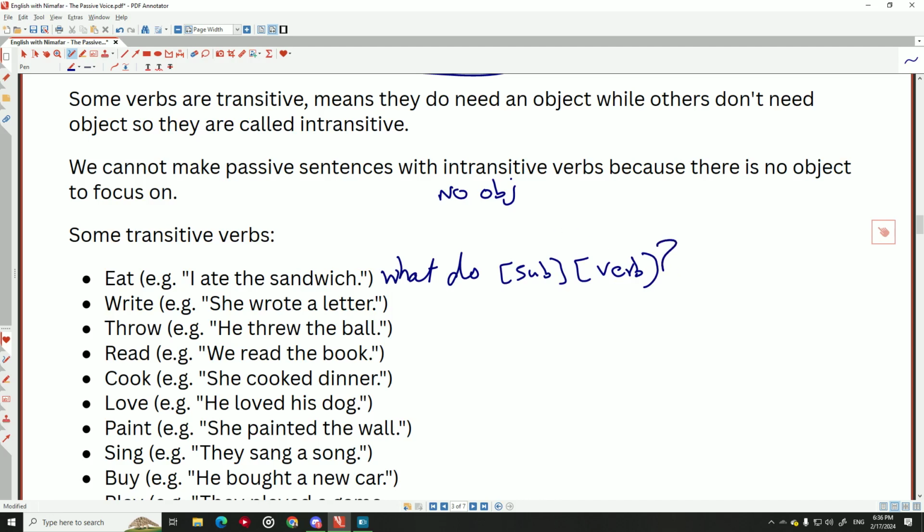If you have an answer, it's transitive. If you don't have an answer, it's intransitive. I ate the sandwich. What did you eat? A sandwich. She wrote a letter. What did she write? A letter. He threw the ball. What did he throw? The ball. We read the book. What did you read? The book. And something like that.